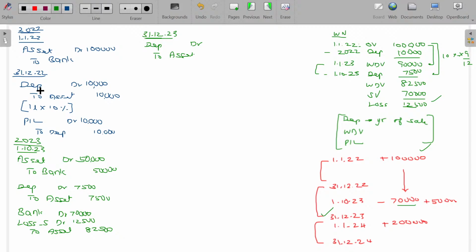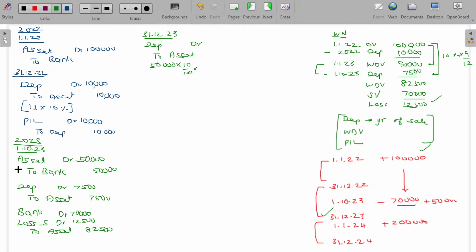Halfway through, we purchased another asset. On the same date, the original asset was sold. So now we have only one asset, that too the newly purchased one. For that 50,000 rupees, you have to calculate depreciation at the rate of 10% provided. This new asset was purchased on which date? 1st October. As it was purchased on 1st October, up to 31st December, 3 months only will be there, right?